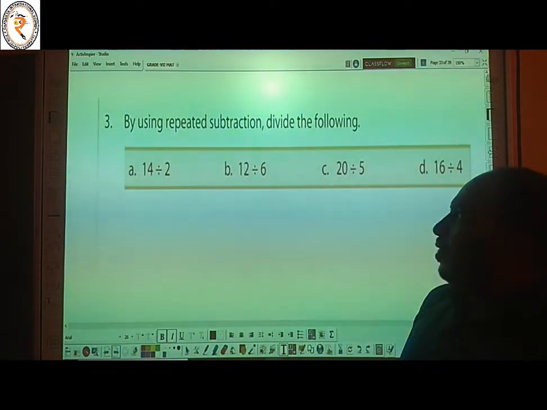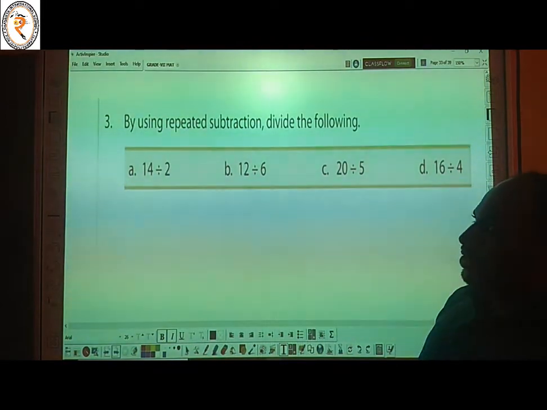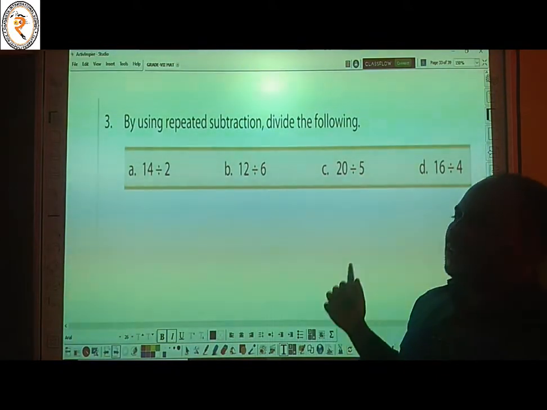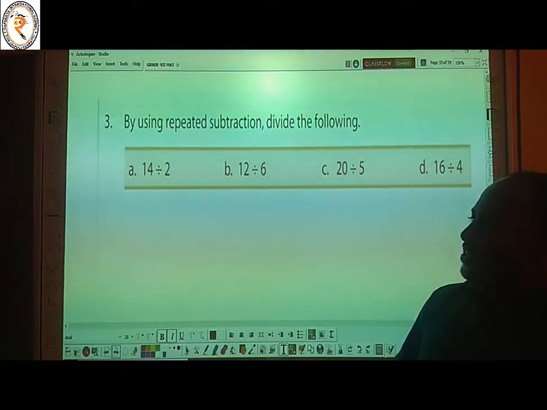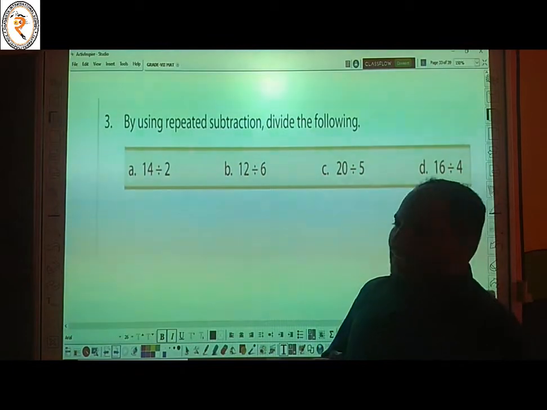Question number 3. By using repeated subtraction, divide the following. First one is A, 14 divided by 2.